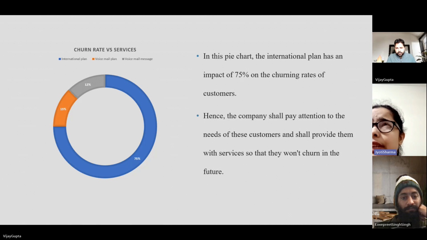Next, if a company wants their customers to remain with them, it is important for a company to pay attention to the needs of their customers and provide them all services. Next slide.